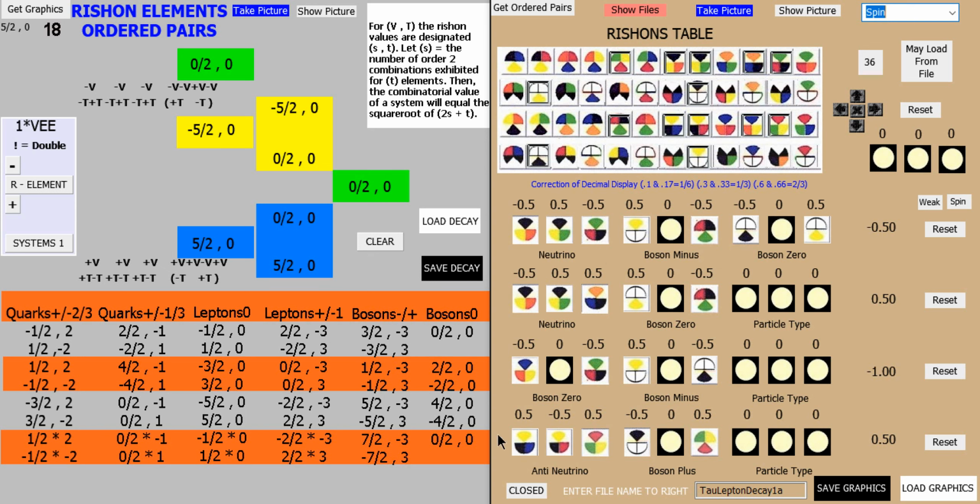And for the opposite, the anti-tau lepton, we will have 0 contribution again for the boson plus, and the opposite contribution of spin on the anti-rishons, so that the total spin for the anti-tau lepton will be plus 1/2.